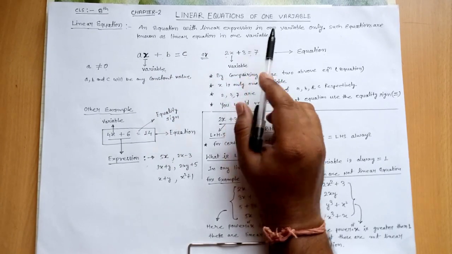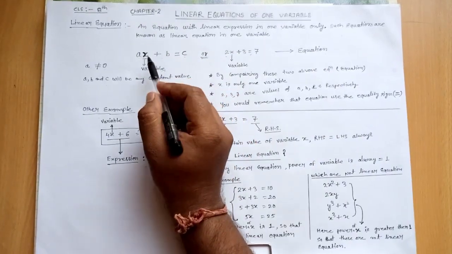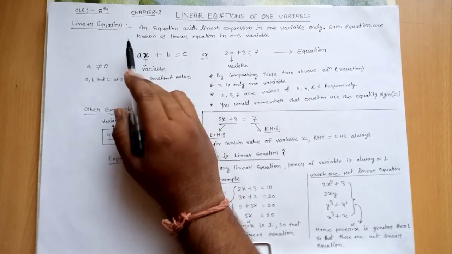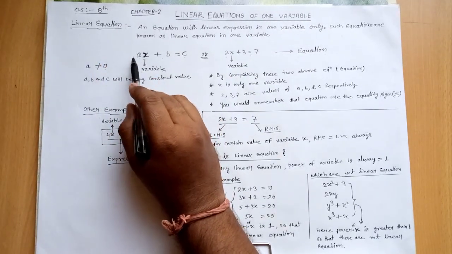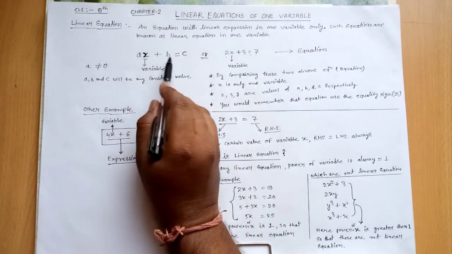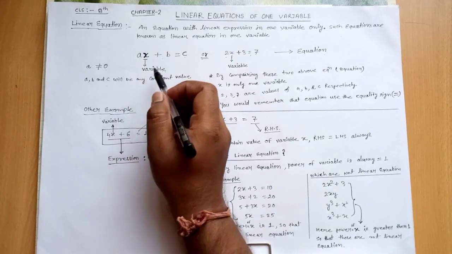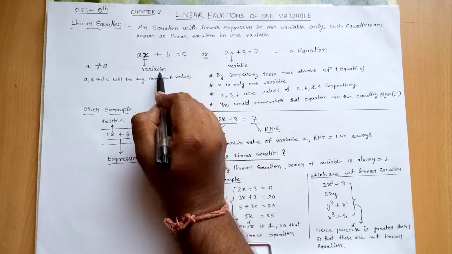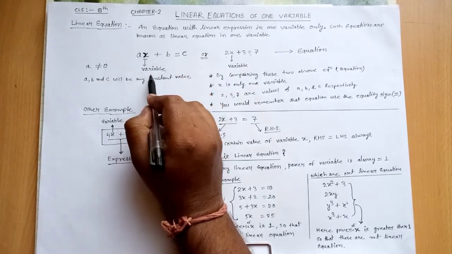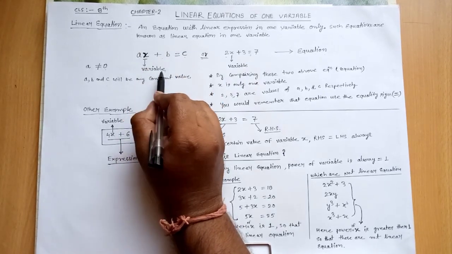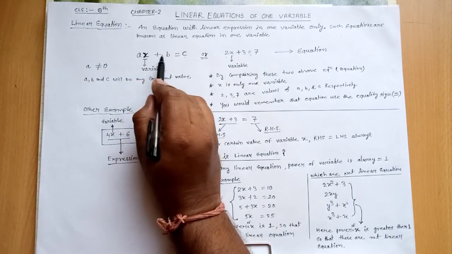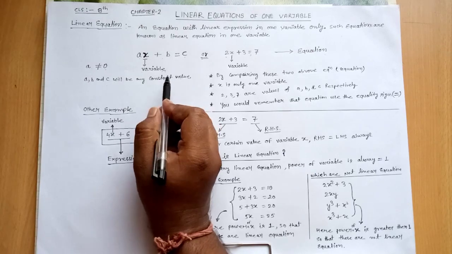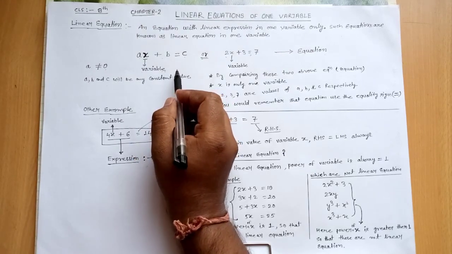What does it mean? The definition says that we can express these linear equations in this format. Here you can see x is the only variable in this complete equation. The rest, a, b and c, will be any constant, real or integer numbers, right?